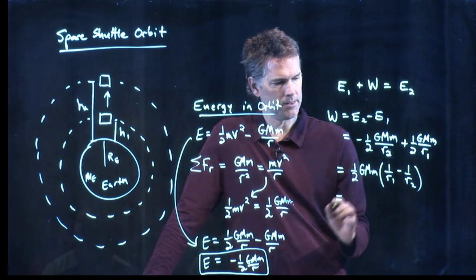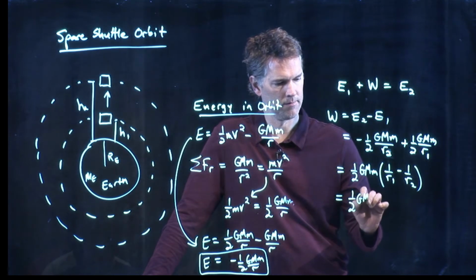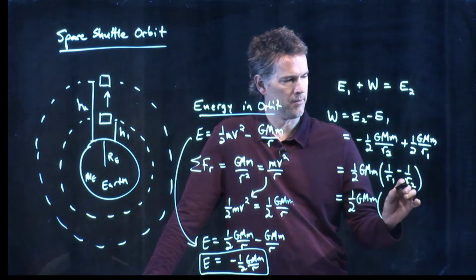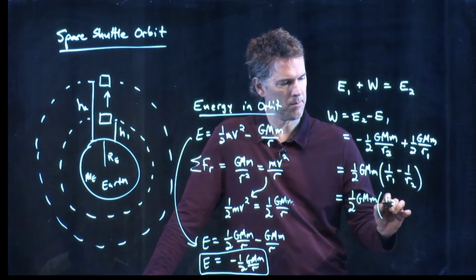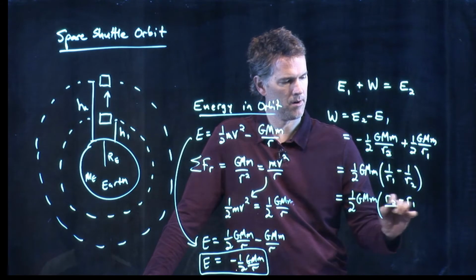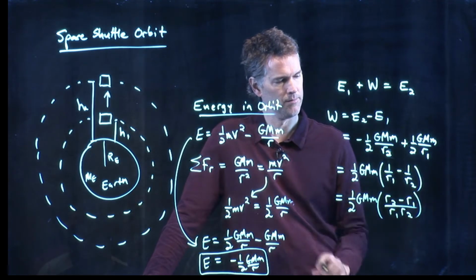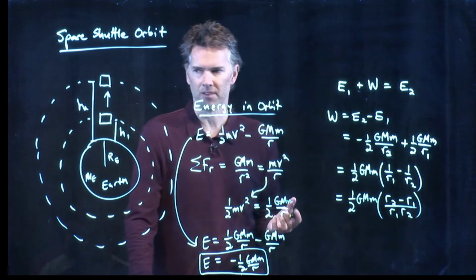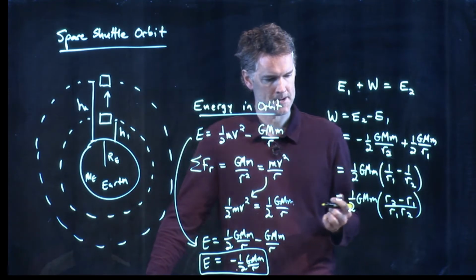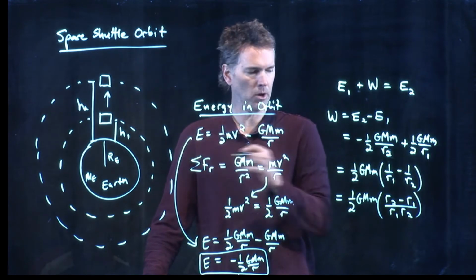And I can rewrite this, if I like, as the following. If I multiply R2 up there, and multiply R1 up there, and then divide by R1 R2, that's in fact the same thing. But we know what R2 is, and we know what R1 is.